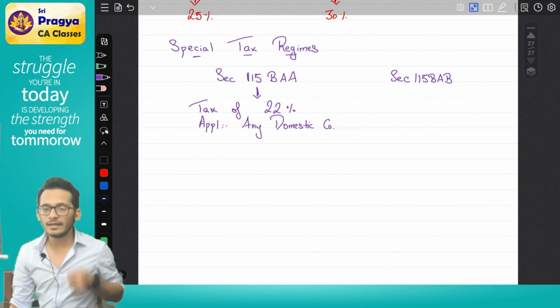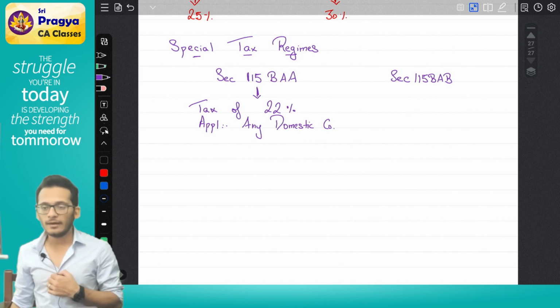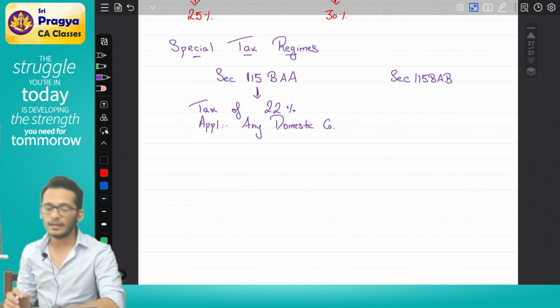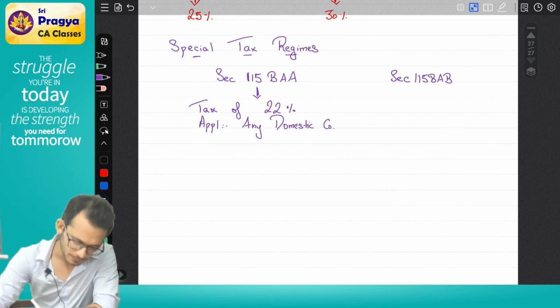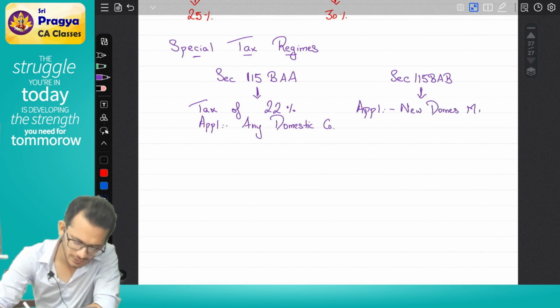I want to increase my manufacturing sector. So they introduced this special provision called 115 BAB, which is applicable to new domestic manufacturing companies.